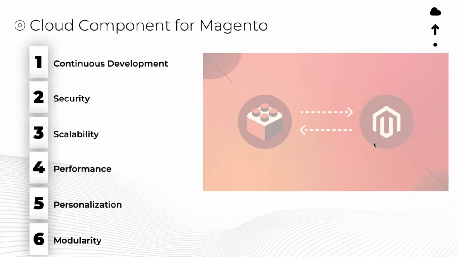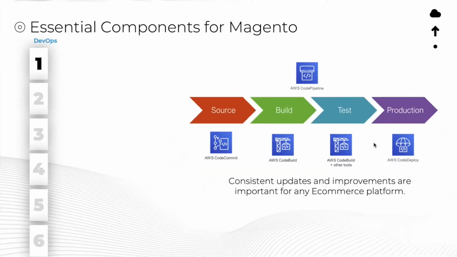In brief, we tried to focus on the main components and main requirements for Magento: to tackle the continuous development requirement, the security, the scalability, performance, and end user personalization for the best end user experience, as well as the modularity.